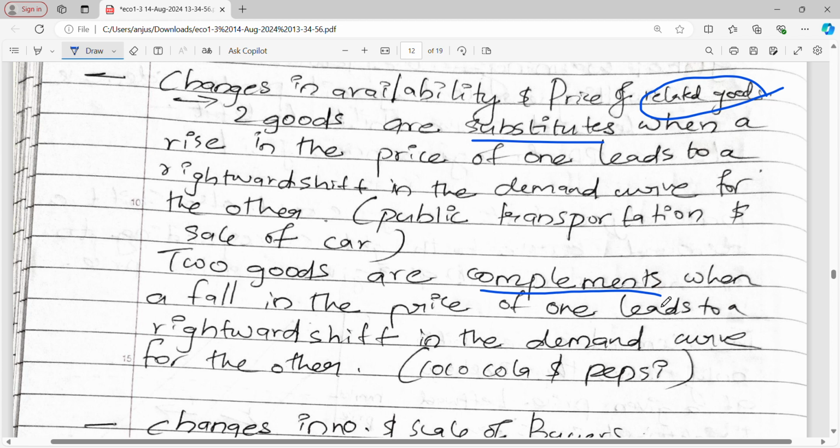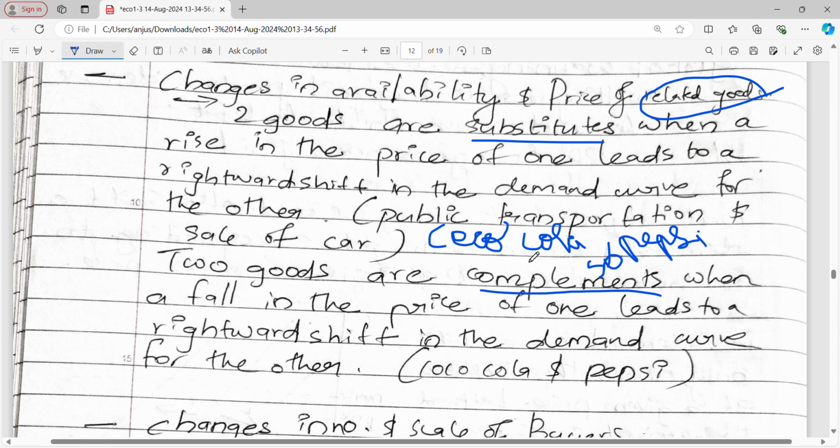That is, if you can substitute a particular good. So for example, Coca-Cola and Pepsi. If the price of Coca-Cola is increased, as a substitute for Coca-Cola you can use Pepsi, because the price of Pepsi is still as it was.